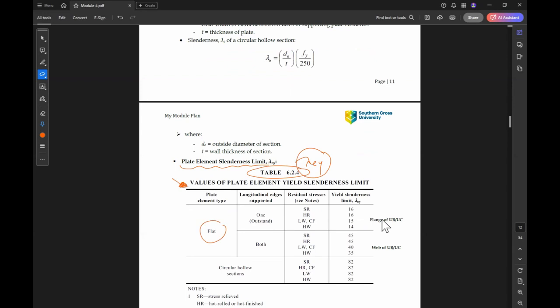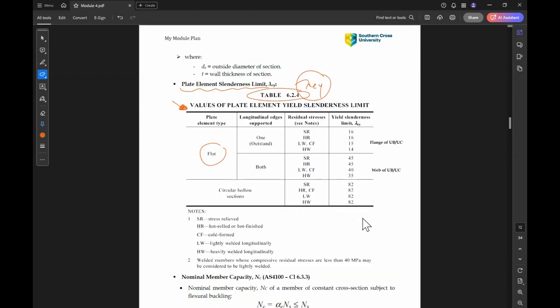If you have a flat plate, we have longitudinal edge supported one or both. We are dealing with a hot rolled section, so HR. So hot rolled we have here or here. So lambda EY can be 16 or can be 45.